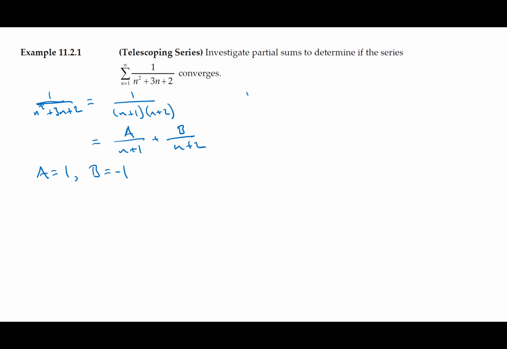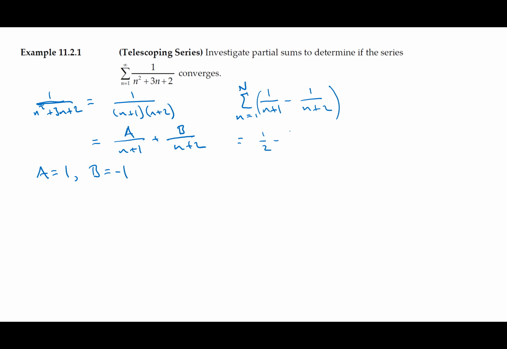Let's take the sum from n equals 1 to, how about some capital N? I'm going to write this as so, and then look what happens.